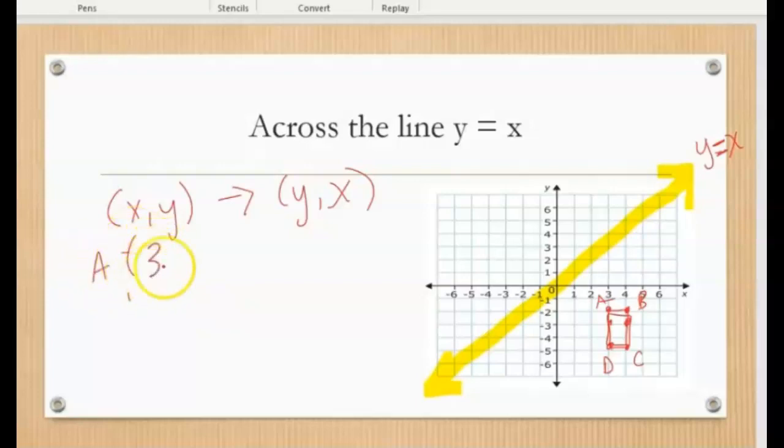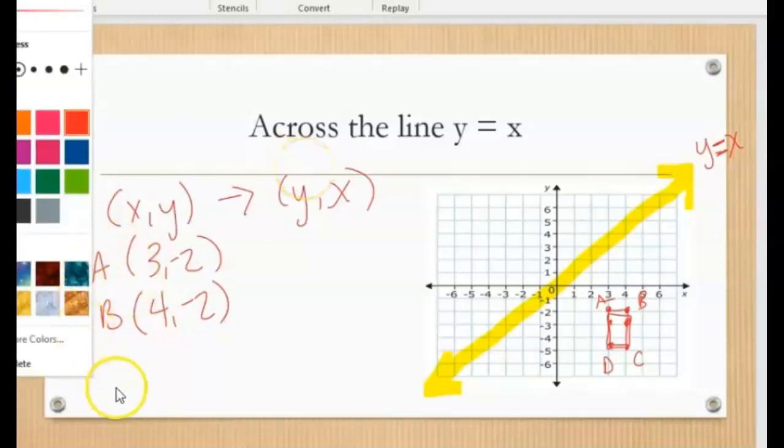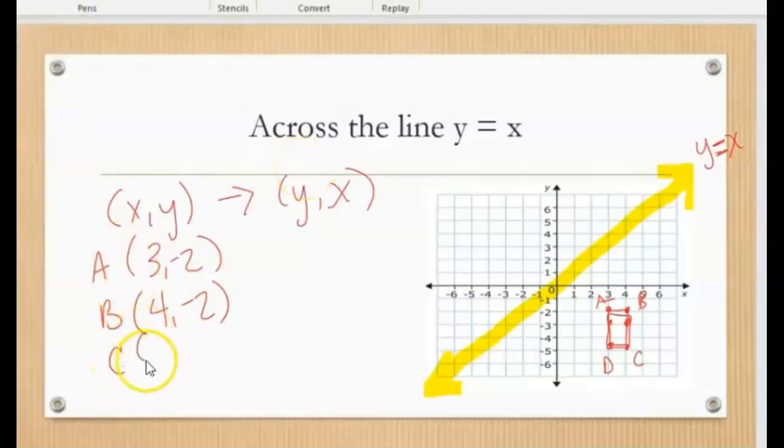A is 3, -2. B is 4, -2. Why do I keep getting a little tiny mark there? Do you guys see that? C is 4, -5. And D is 3, -5.